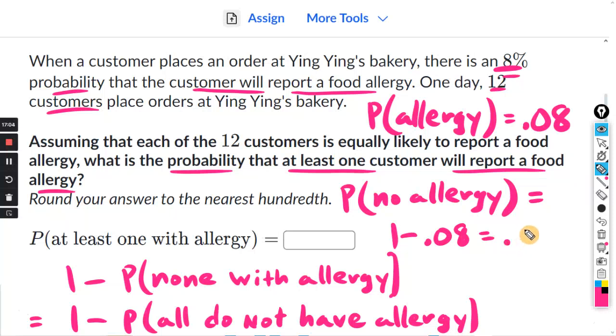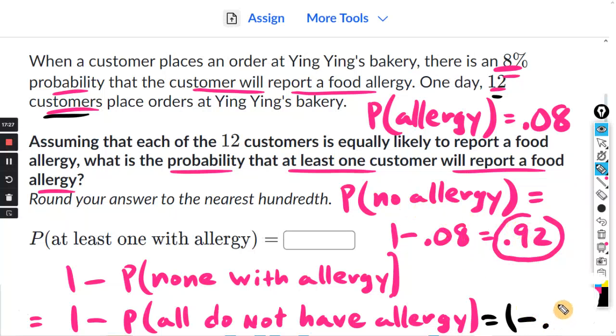And of course, that's 0.92. So the chance that one person does not have an allergy is 0.92. We are looking at 12 customers, and we don't want them to have an allergy. So it's going to be 1 minus the probability that there is no allergy, 0.92. And there's 12 customers, so we have to multiply that 0.92 12 times.